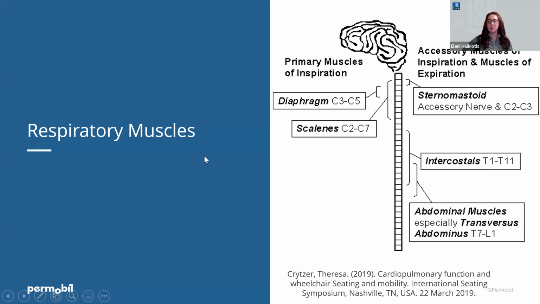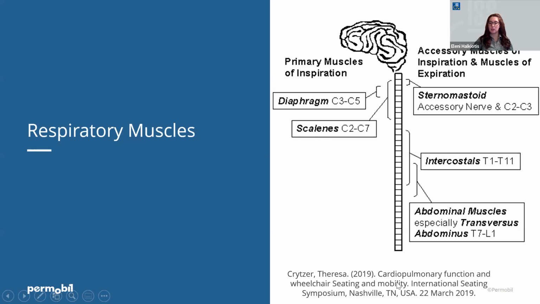Now we're going to discuss pulmonary functioning as it relates to the wheelchair riding population, and a few things about respiration. First of all, if you can't breathe, nothing else matters. Our muscles require oxygen to work properly. So if the client we're working with has compromised respiratory status, and perhaps that is being even more affected by sitting them in a wheelchair system that is really, really tight around their trunk, it can impede the client's ability to do the necessary lateral and posterior chest expansion to take deep breaths and to get sufficient oxygen to their muscles.